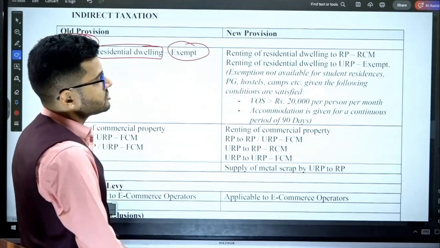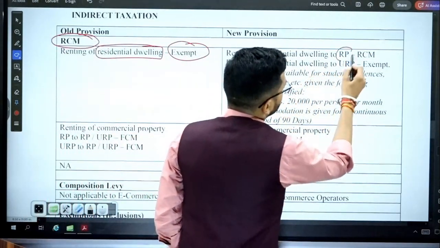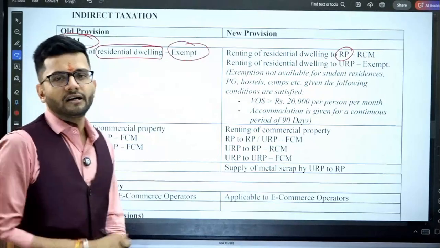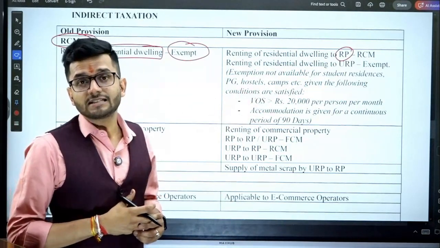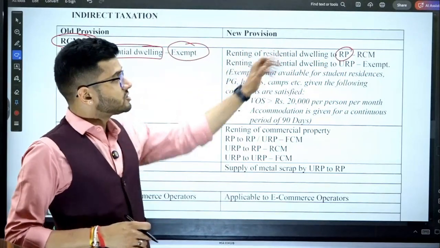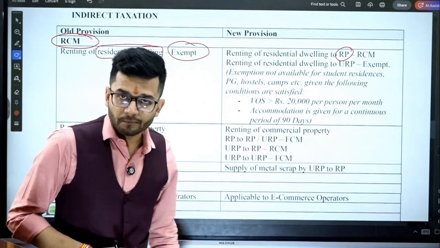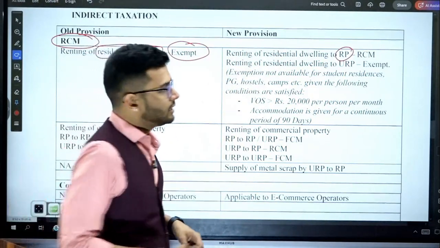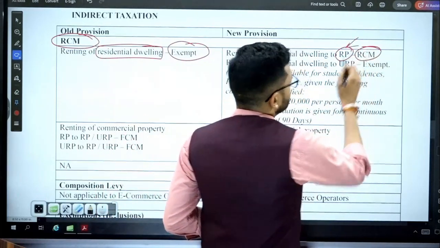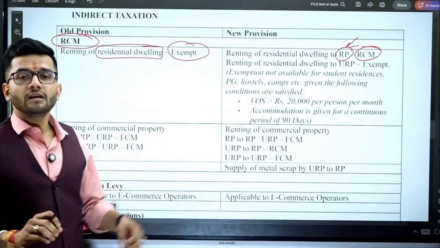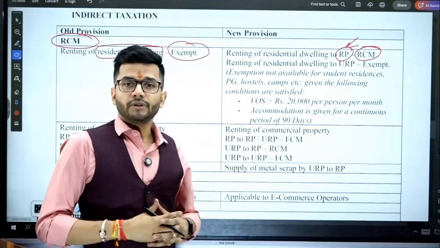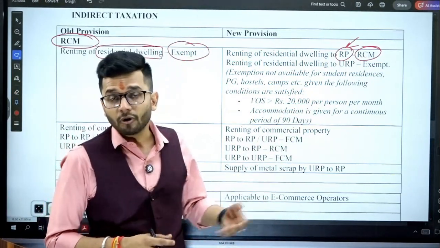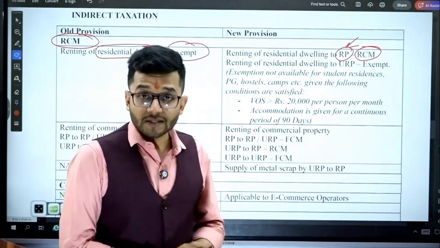Now the renting of residential dwelling to a registered person, if your other person is registered under the GST, then under RCM, the registered person should pay taxes. This primarily covers big corporates who hire boarding or lodging facilities for their employees or for residential dwelling purposes.